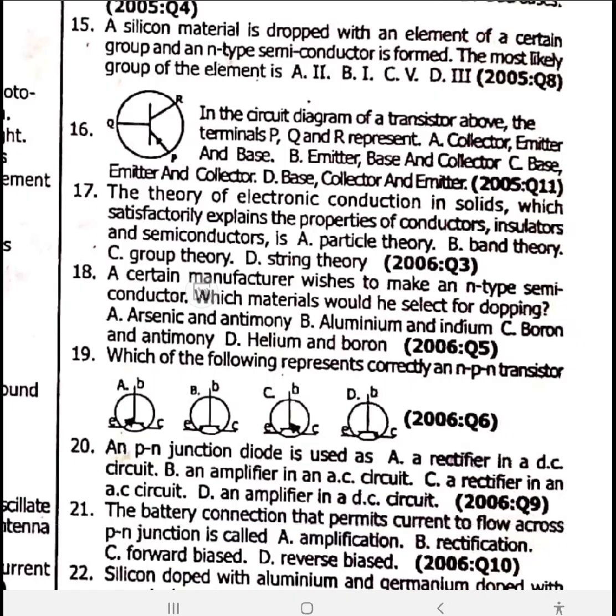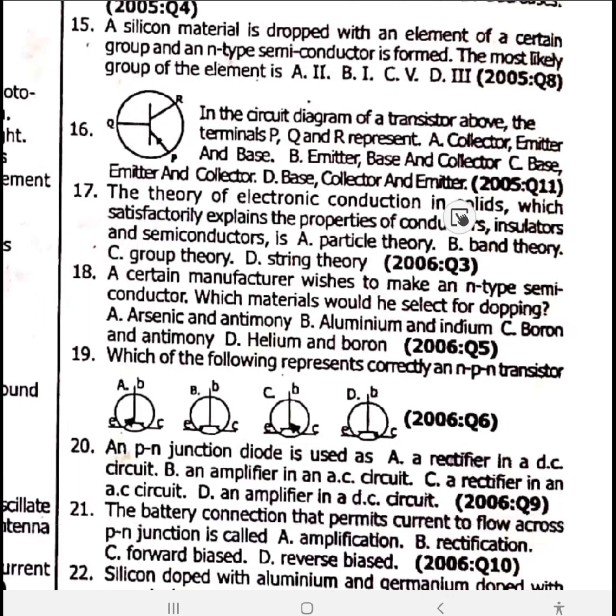Write it in capital letters, NPN. Because the arrow faces inward, I call this one PNP. If it faces outward, it is NPN. As it faces inside, it is PNP.